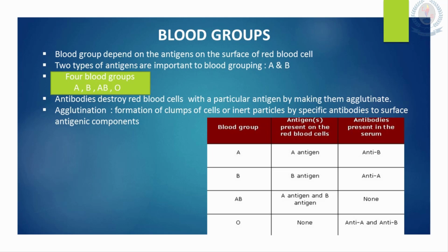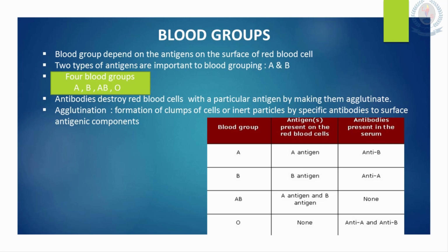When we are talking about antibodies, each person has antibodies in their plasma. These antibodies will destroy red blood cells with a particular antigen by making them agglutinate. What is agglutination? It means that they stick together and make clumps.